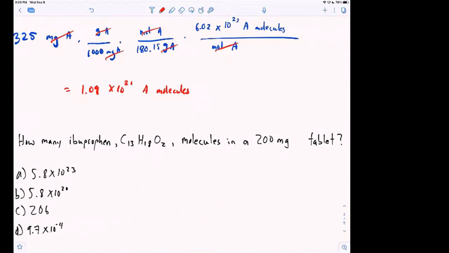How many ibuprofen molecules are there in a 200 milligram tablet of ibuprofen? I'll give you some numbers. Carbon is 12.01, hydrogen is 1.008, oxygen is 16. If you want, you can abbreviate it to 12, 1, and 16.